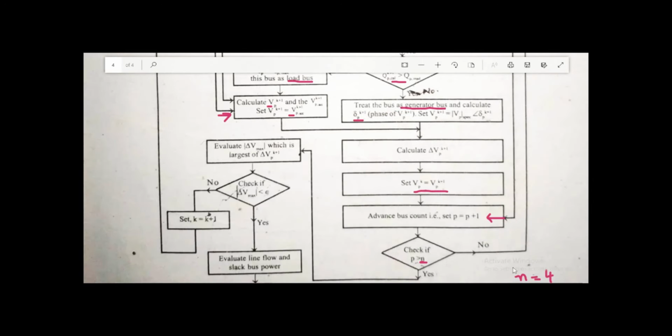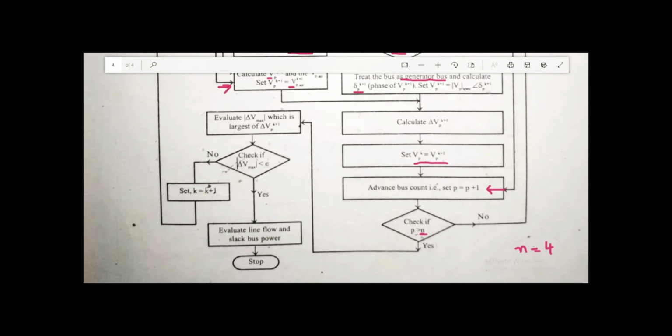In both these cases, if you are treating the bus as a load bus, then the further analysis will be the same as that we have done earlier with the load bus. Clear? Now, if these two limits are satisfied, then what will we do? You will treat the bus as a generator bus and you will be calculating the angle.